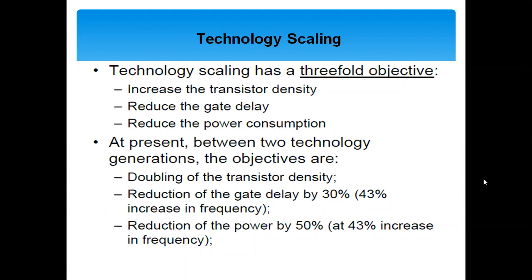Second, reduce the gate delay. As density increases, the distance between two transistors is also less, so the gate delay, the time taken to pass the signal from one gate to the other, should be minimum.